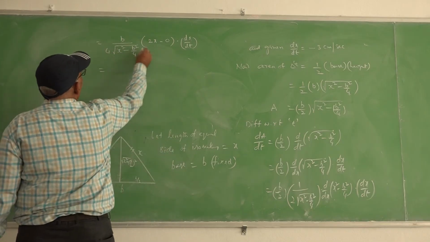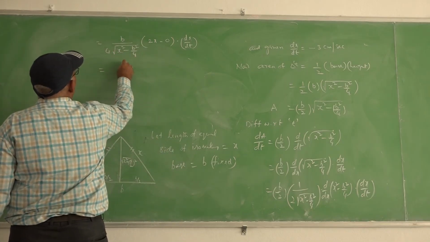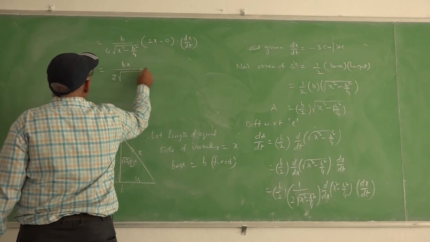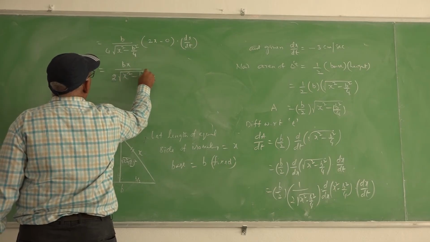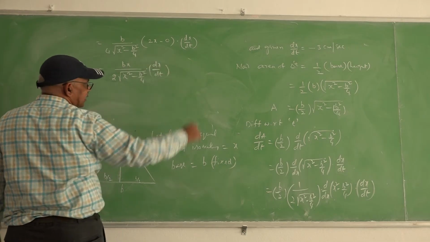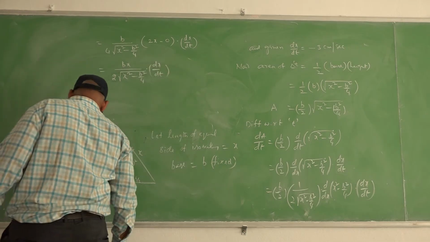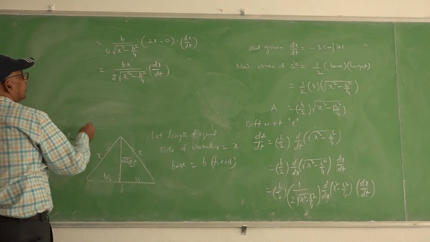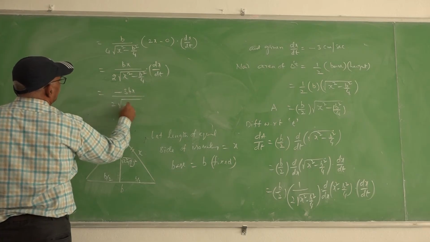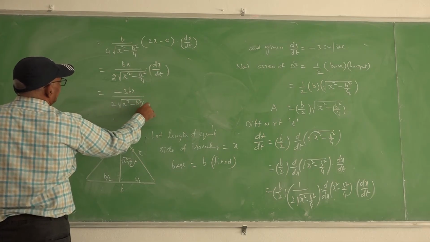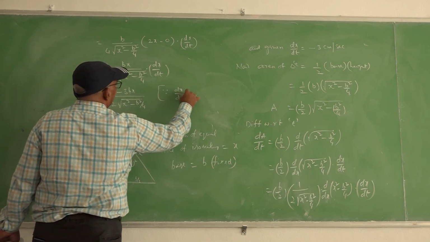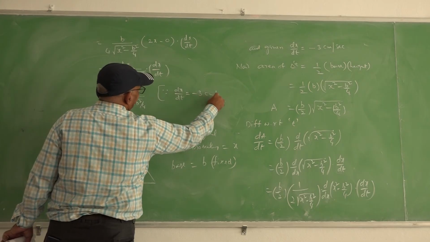That gives us 2 times, cancel, bx by 2 into root over x square minus b square by 4 into dx by dt. But dx by dt is given as minus 3. So, that is minus 3bx by 2 into root over x square minus b square by 4, since dx by dt is minus 3 centimeter per second.